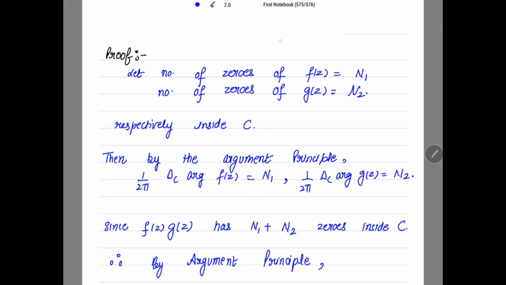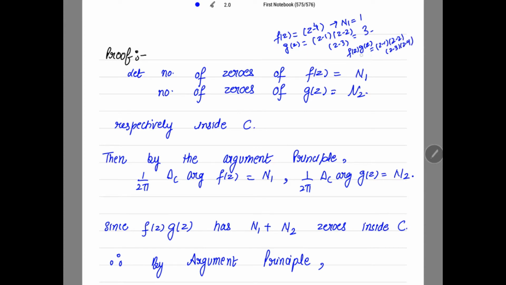Should I explain this? Alright. Suppose you are having f(z) equal to z − 1. So it is having the number of zeros as 1 only. Suppose g(z) is equal to (z − 1)(z − 2)(z − 3). How many zeros are we getting for g(z)? Yes, 1, 2 and 3. We are getting 3. Suppose now I say that f(z)g(z), right, I take this with (z − 4). So which means how many factors I am having now? (z − 1), (z − 2), (z − 3), (z − 4).